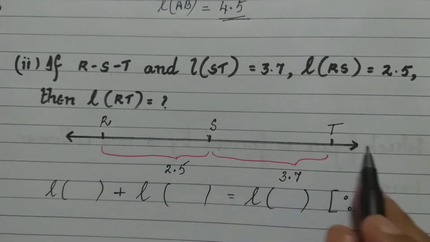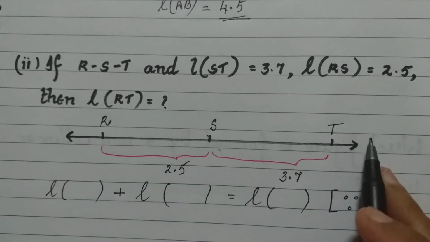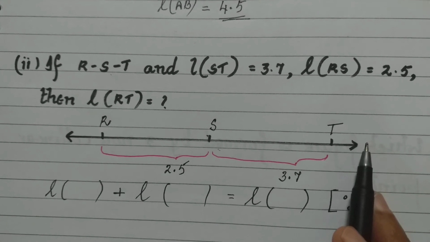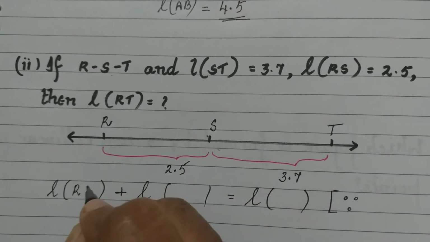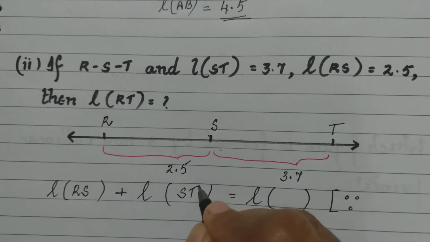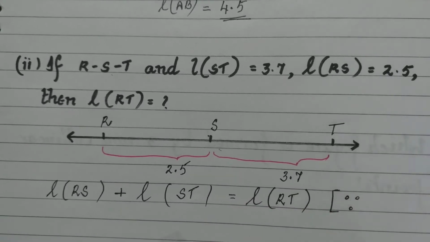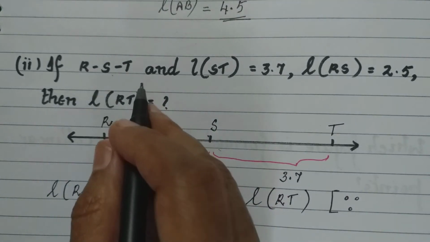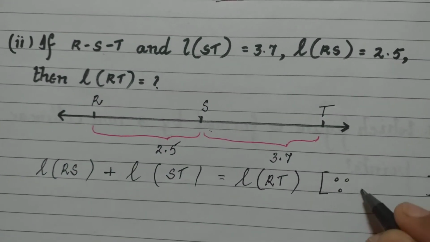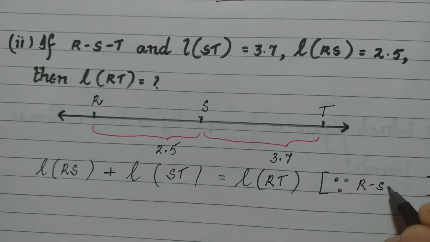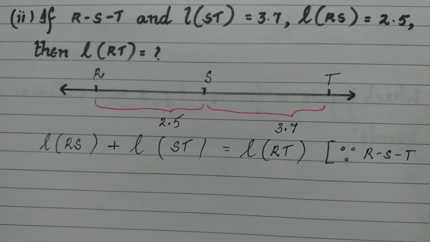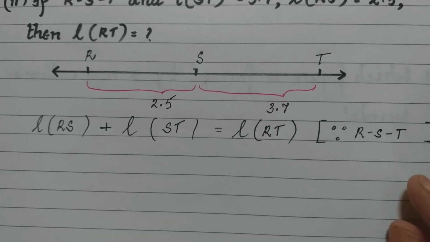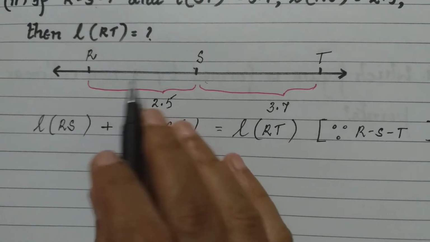What are we to find? Length of RT. So how will we find length of RT? Length of RS plus length of ST. So let me write length of RS plus length of ST is equal to length of RT. How did we get this? Because they had given us that S lies between the points R and T, that is R-S-T, which says that point S lies between the points R and T. Now, what is length of RS?